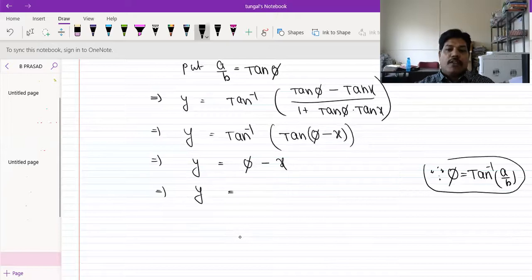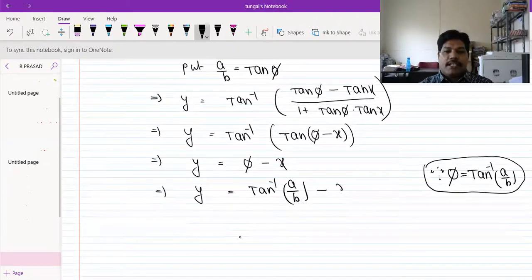Phi is equal to tan inverse of a by b. You can replace that value here. It will become tan inverse of a by b minus x. So differentiate with respect to x.